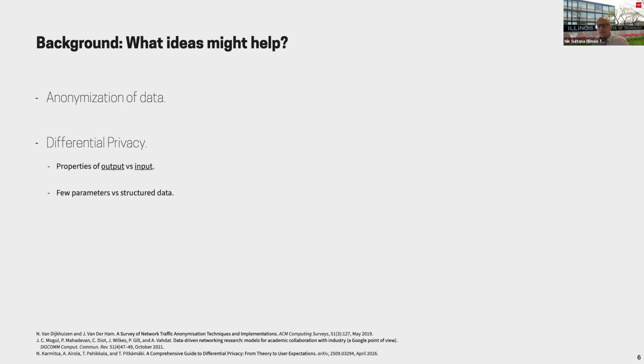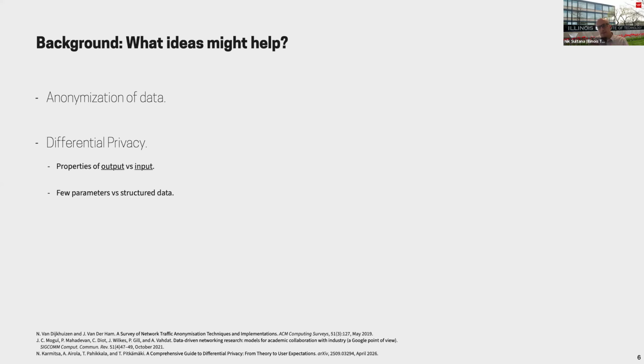Something a bit more recent, the idea has been around for 20 or so years, is that of differential privacy. But differential privacy targets the output of a statistical table, and also it is not entirely a perfect fit for this problem because it doesn't exploit the structure of the data that we are measuring, right? Networking involves dealing with structured data. Think of packet formats or flow tables, SNMP blocks, right?